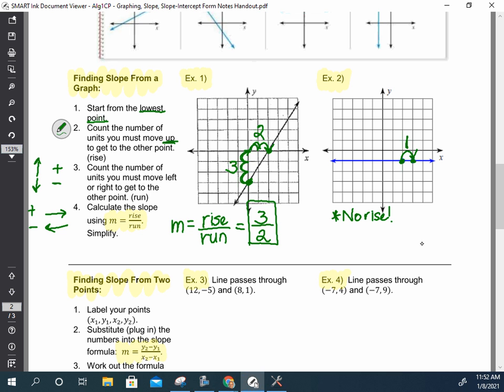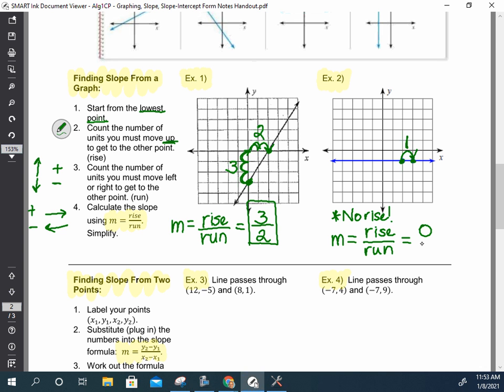You're going to have to wait, Austin. I'll come back to that in a second. So your slope is rise over run. So your rise is 0.